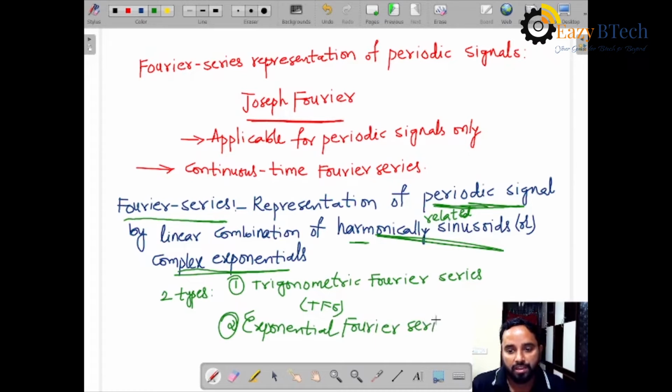These are the two categories of continuous time Fourier series.